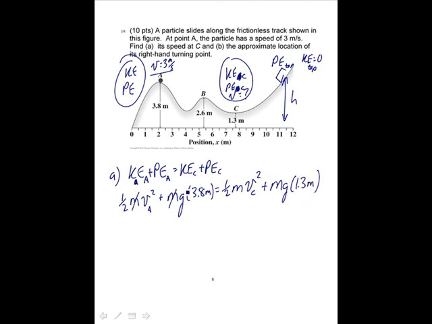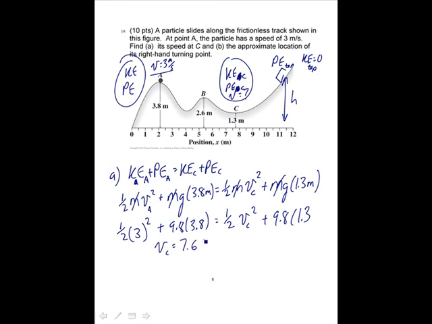The masses all cancel, which is good because we don't know the mass. So 1/2 times 3 squared plus 9.8 times 3.8 equals 1/2 vC squared plus 9.8 times 1.3. I get 7.6 meters per second for vC. That's the answer for part A.